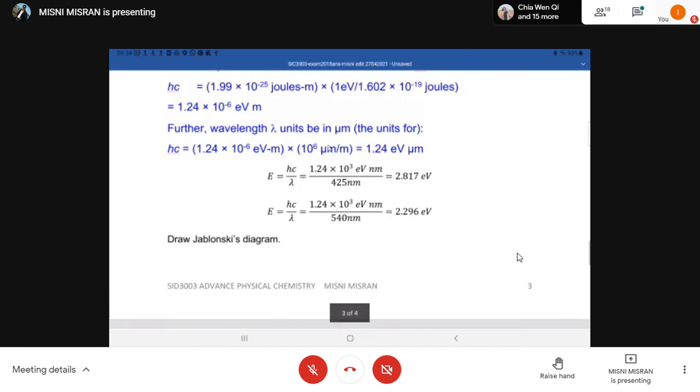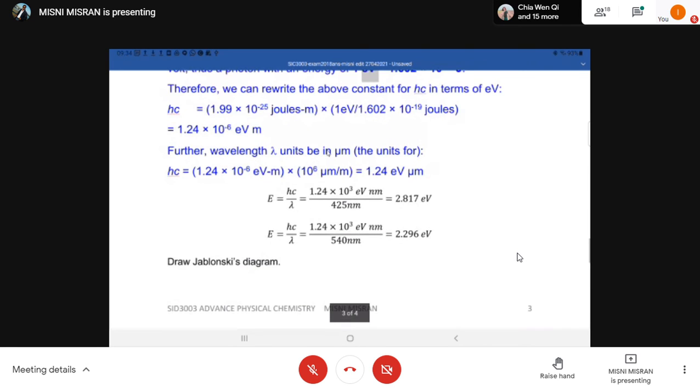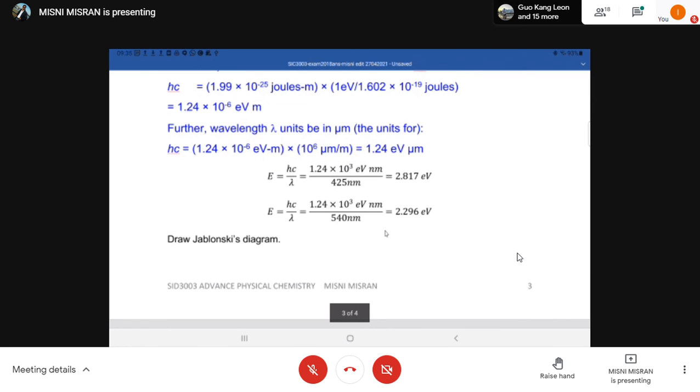Like myself, I just calculate in the HC first, converting to EV. So you can do whatever you like to convert into EV, multiply and divide to get the EV value.